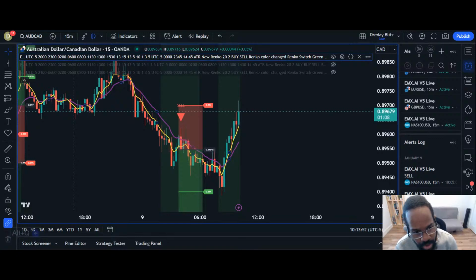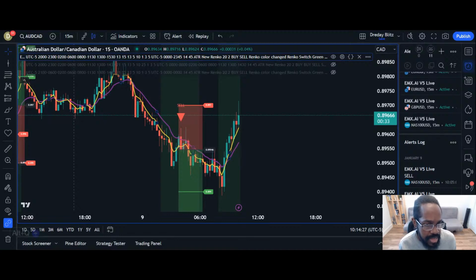We have right now AUD CAD on the screen, and based off of the time that you need to trade each currency, because Forex is two currencies altogether, right? So AUD, the best time to trade AUD is 7 p.m. until 2 a.m. And then the best time to trade CAD would be from 8 a.m. until 12 p.m.